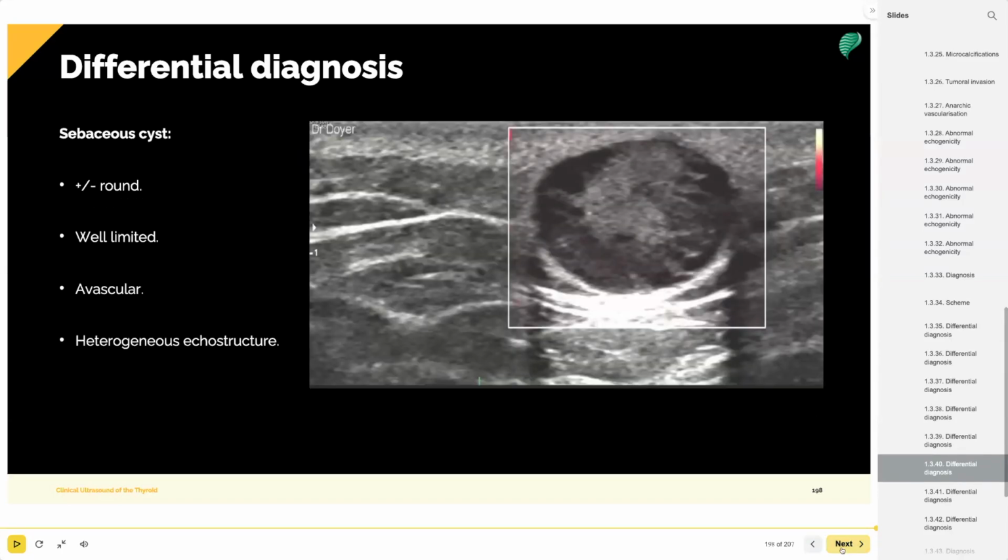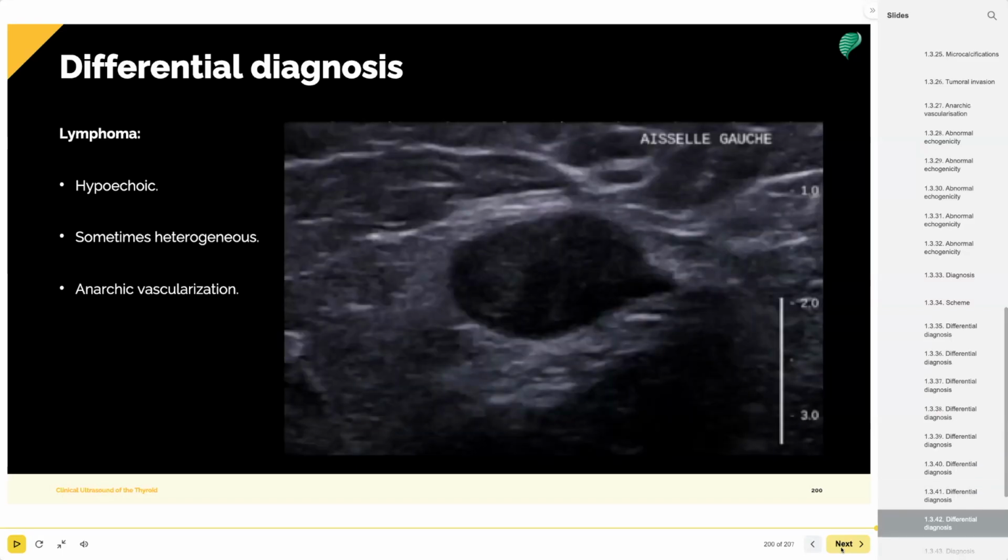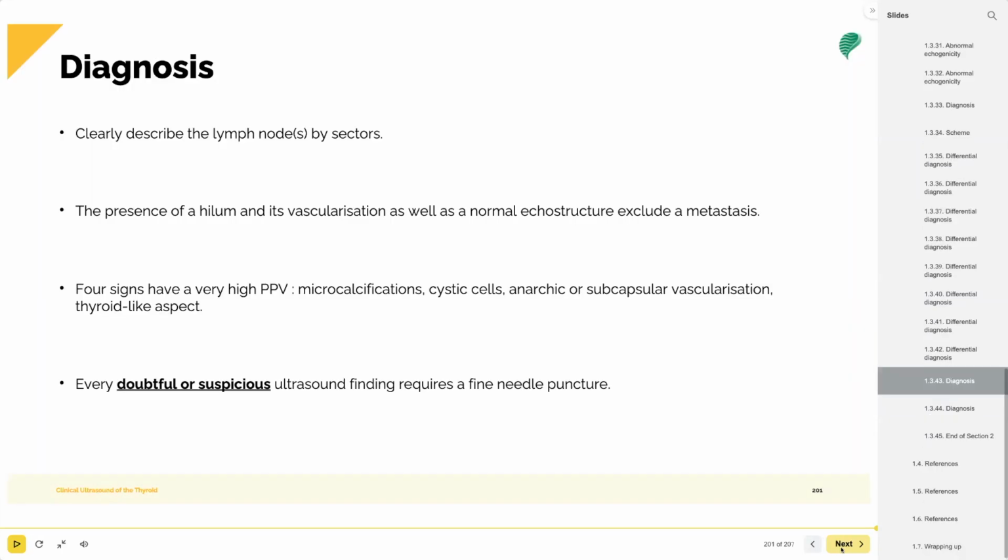A cyst is also round, well limited, avascular, and heterogeneous. A schwannoma is usually hypoechoic and well limited. The lipoma seen here is hypoechoic, sometimes heterogeneous, with anarchic vascularization.